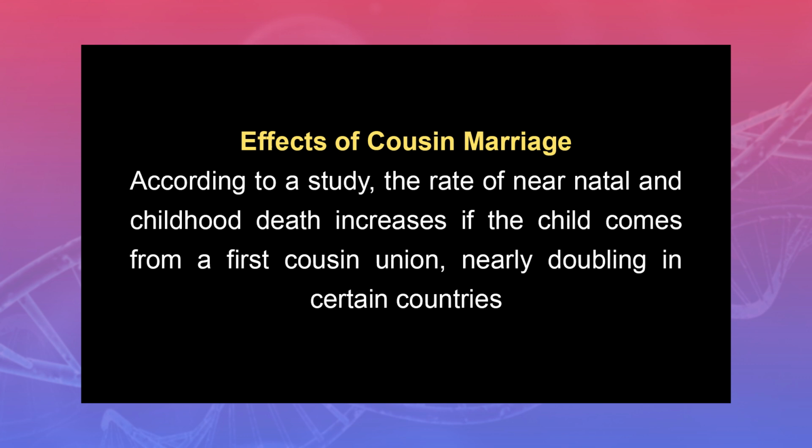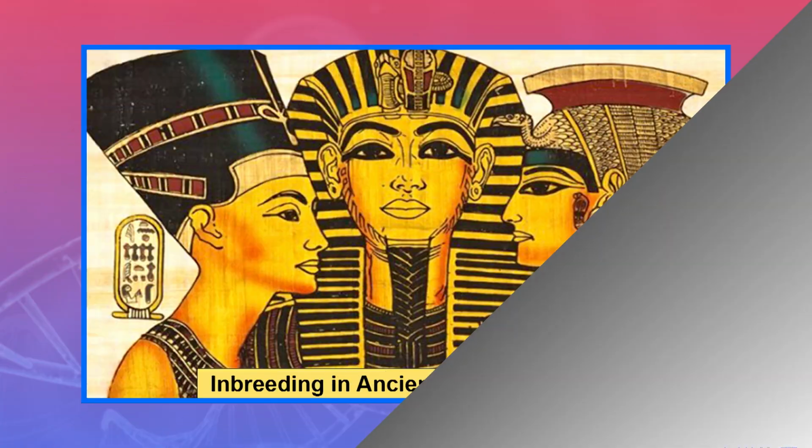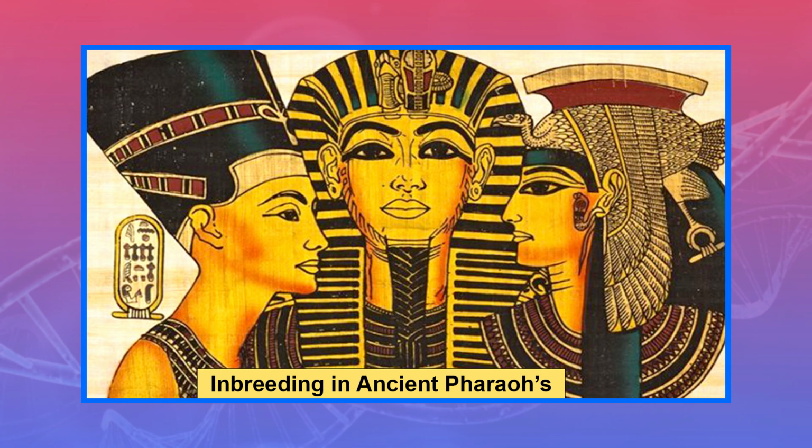According to a study, the rate of neonatal and childhood death increases if the child comes from a first cousin union, nearly doubling in certain countries. As inbreeding comes with such a high cost, the logic of engaging in it might seem baffling. In hereditary systems of rule, such as the pharaohs of ancient Egypt, inbreeding prevented another family marrying in and lining up to take the throne.